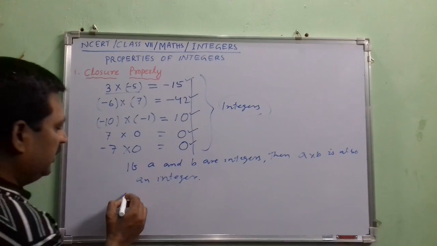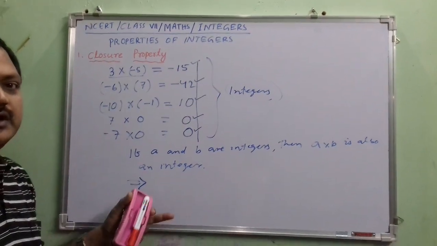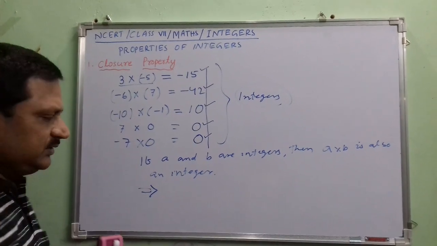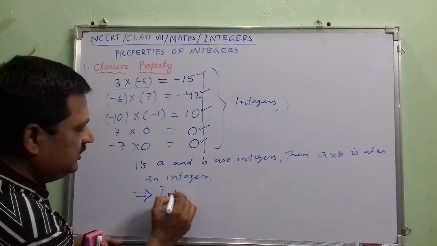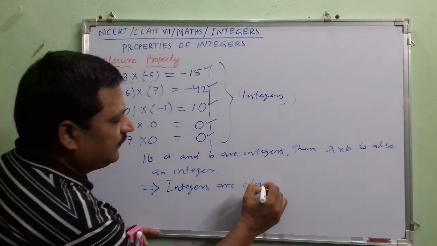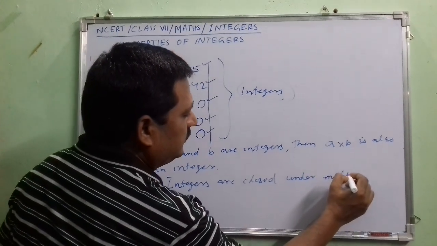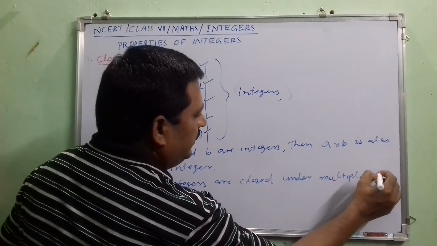So from this, what do we conclude? We conclude that integers are closed under multiplication. Okay?